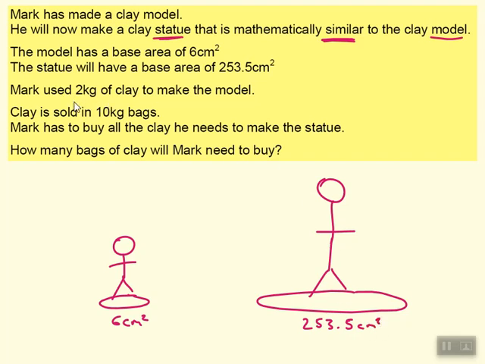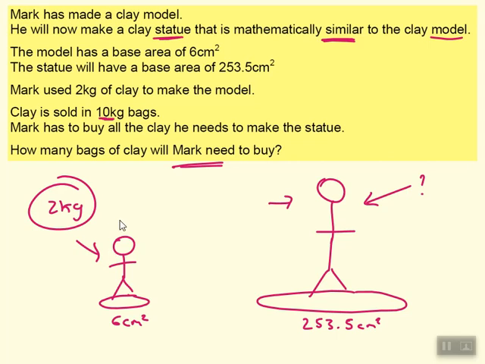Now, to make the little model, he uses 2 kilograms of clay, and how much clay is needed for the larger one is what you need to work out first.